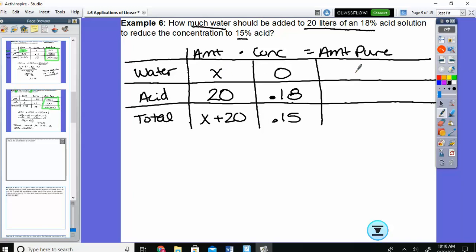So we have x times 0, which is 0. 20 times 0.18 is 3.6. And then our 0.15 times the x plus 20. So then we always add the first two to equal the total.